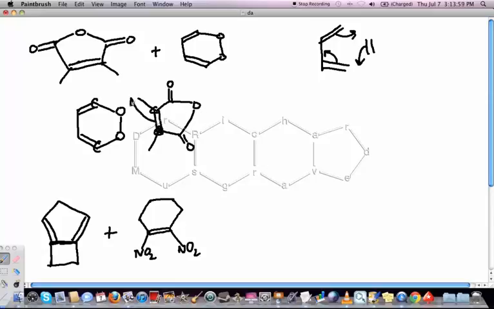Now we can go ahead and put the arrows in, recognizing, of course, that the carbon here will join to the carbon here, and this carbon will join to this carbon. So I guess if I was to draw it in a 2D fashion, it would look something like this.